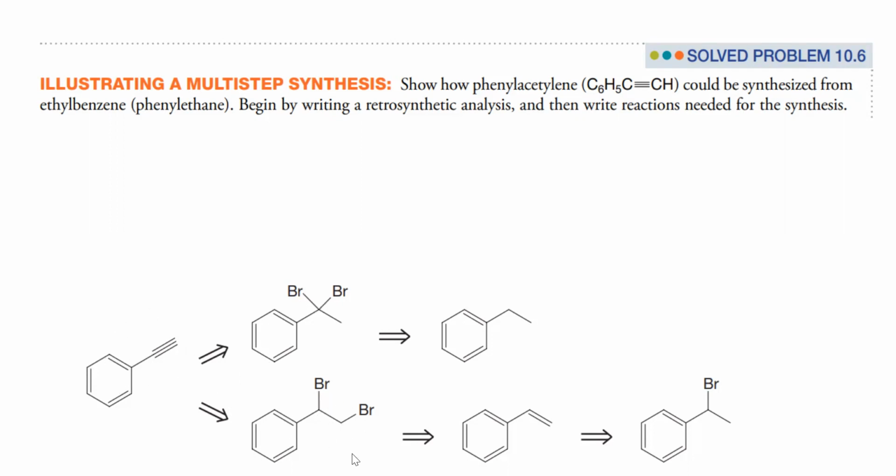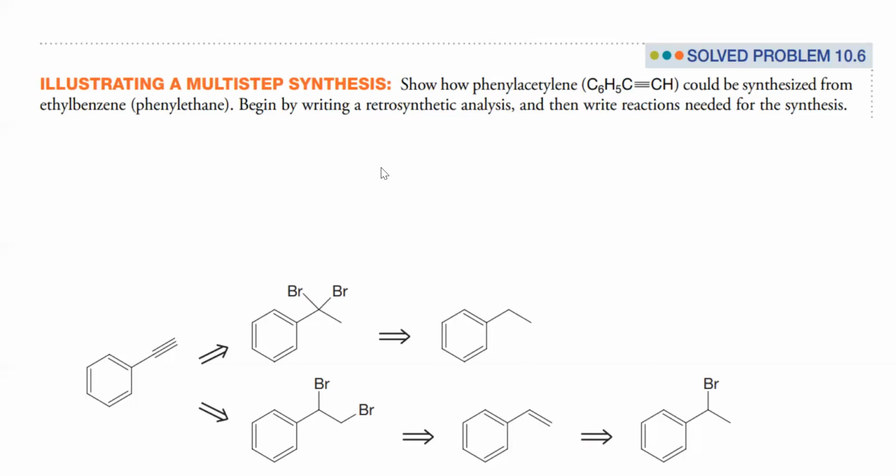Then you can think, how would this one be prepared? You can think of your starting material. You can prepare this from here with an addition reaction, HBr. So you can add your HBr from this, then think about what your starting material will be.